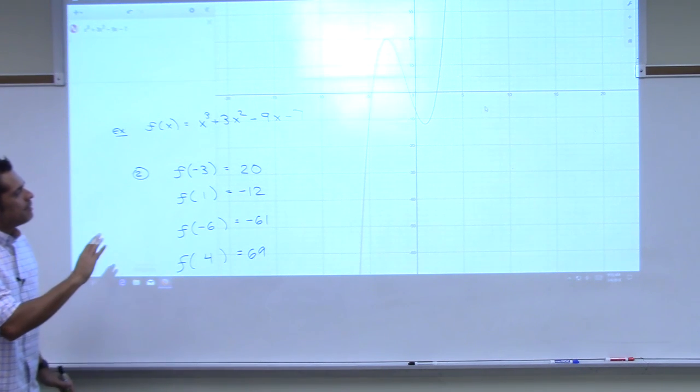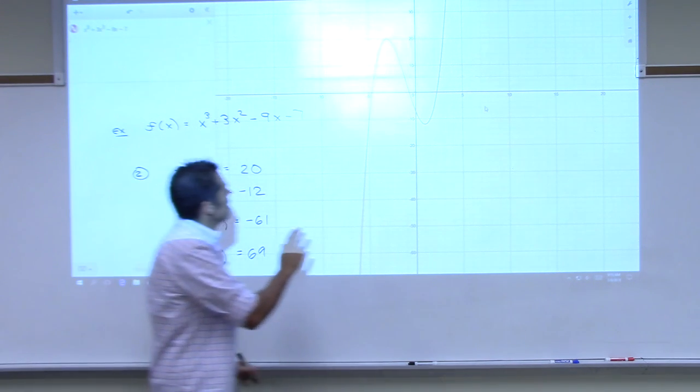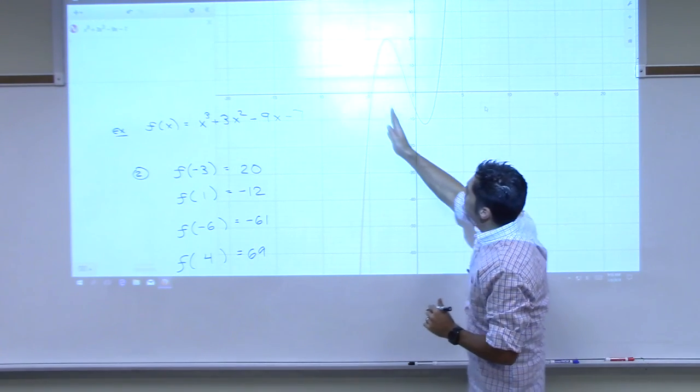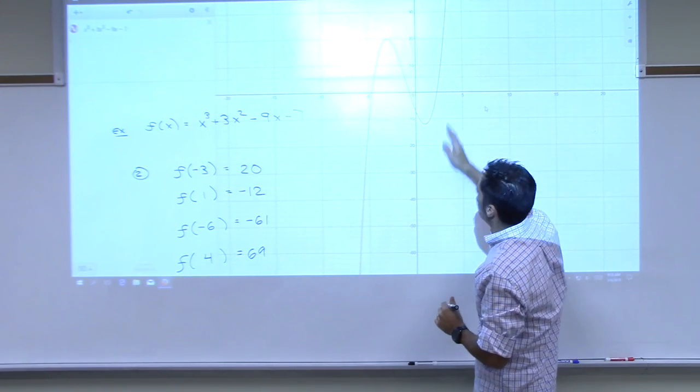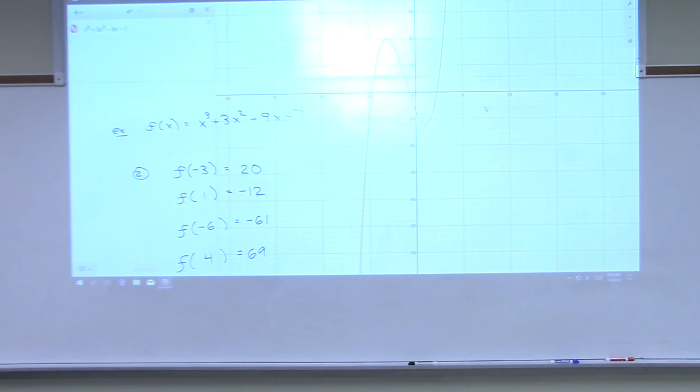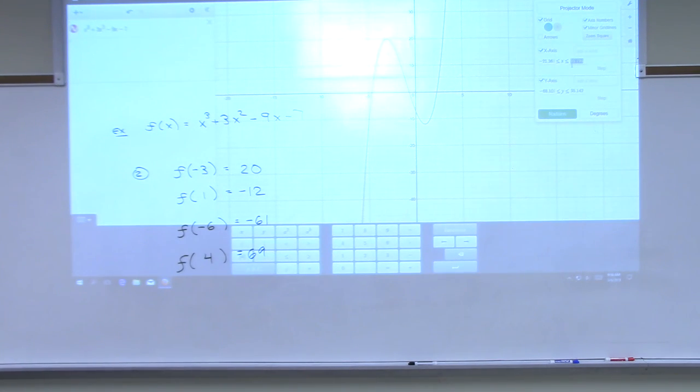Okay, so look at the graph. This is the whole graph, right? But we're only supposed to be drawing it from negative 6 to 4. Is that correct? Negative 6 to 4? I still messed up. What was it at 4?